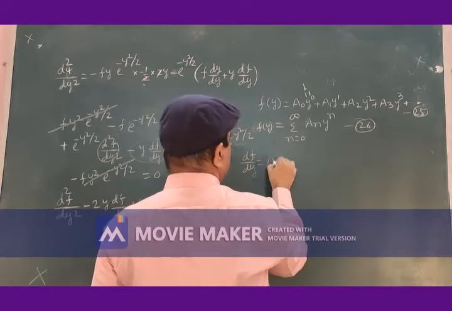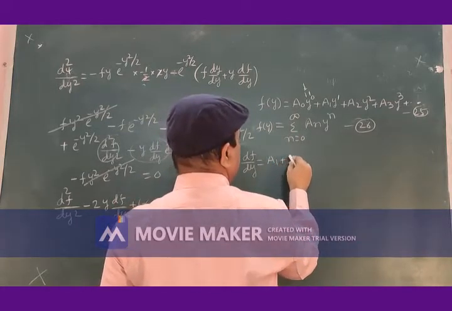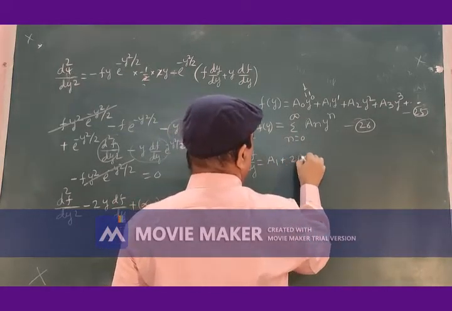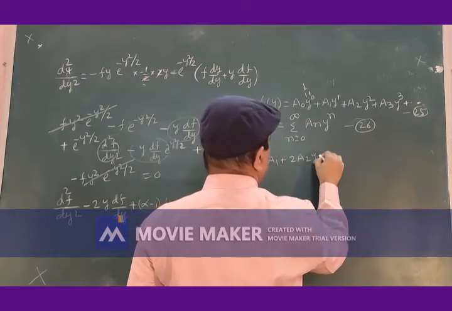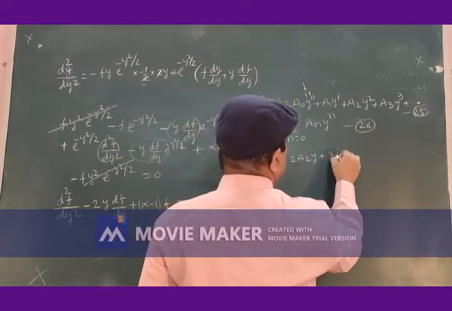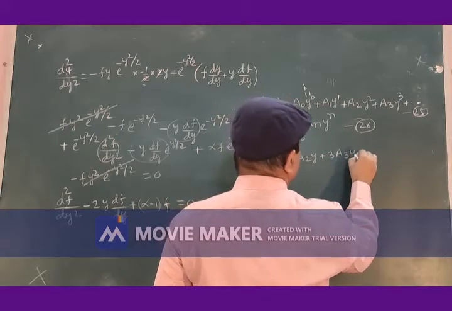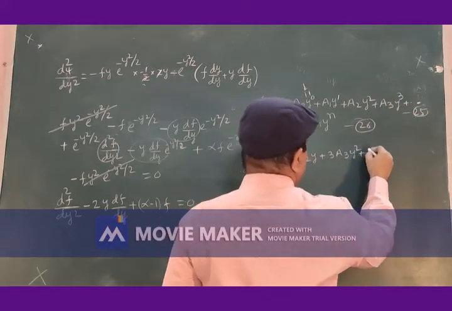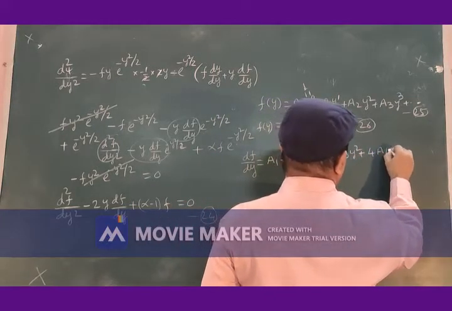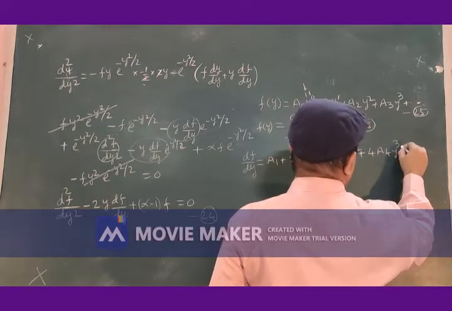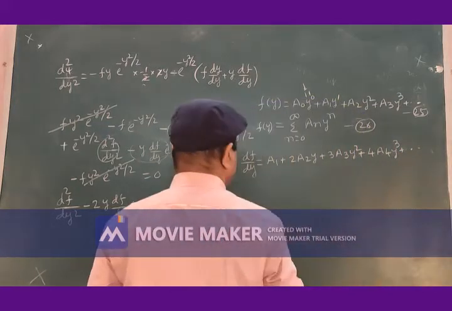This gives a1 plus 2 a2 y plus 3 a3 y square plus 4 a4 y cube and so on.